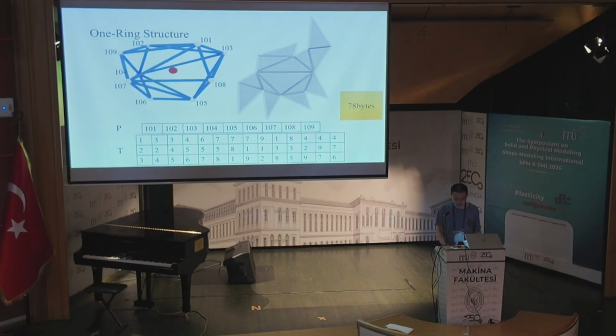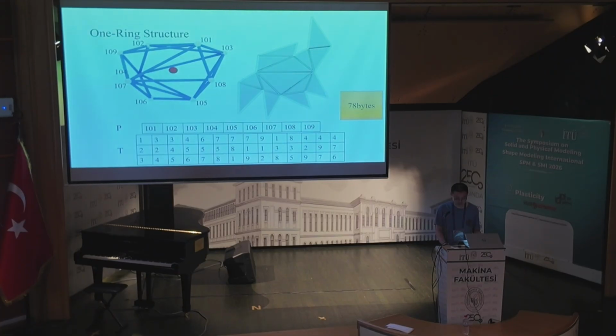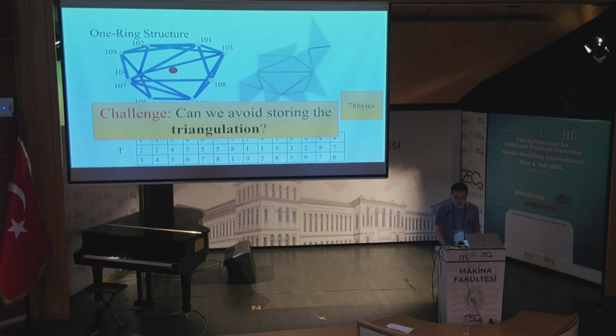For this rather small neighborhood, it takes a total memory footprint of 78 bytes. As runtime performance on the GPU is limited by memory bandwidth, reducing the size of this local structure is a key point for optimization. So the question is, can we avoid storing the full triangulation?